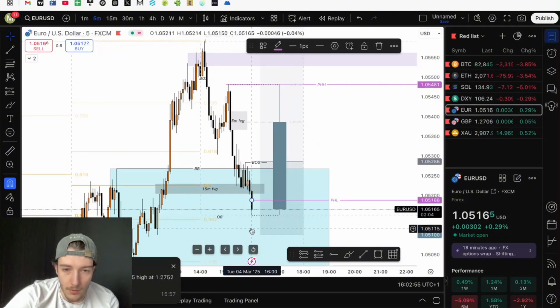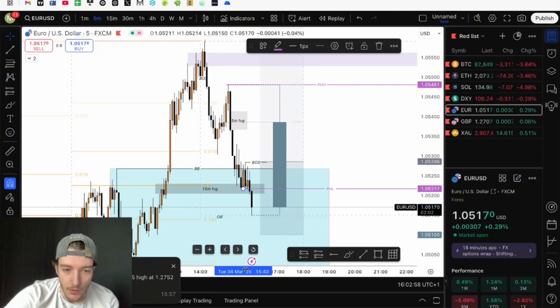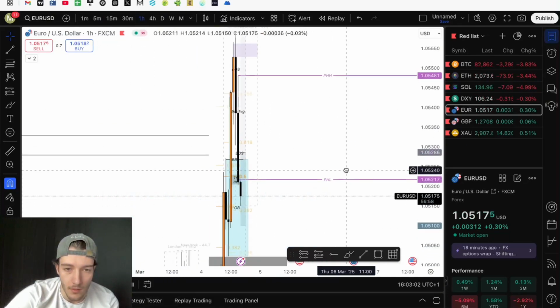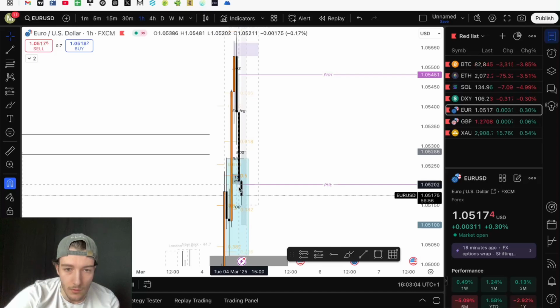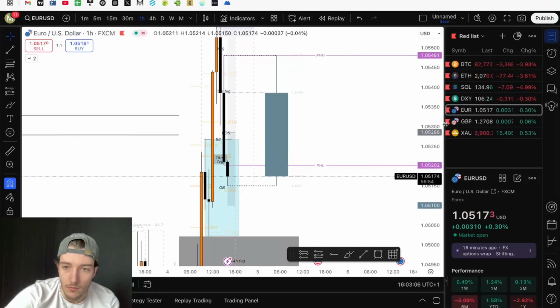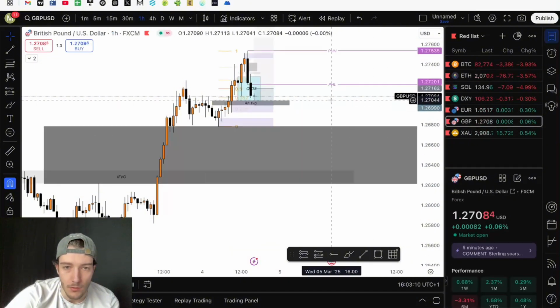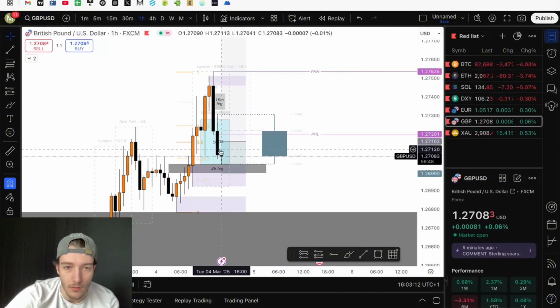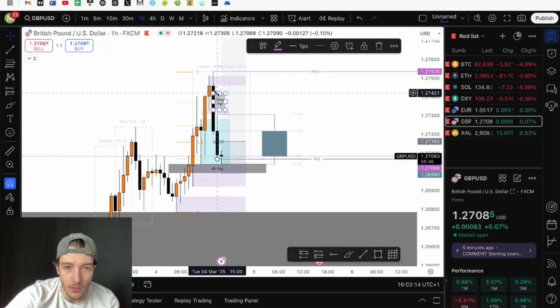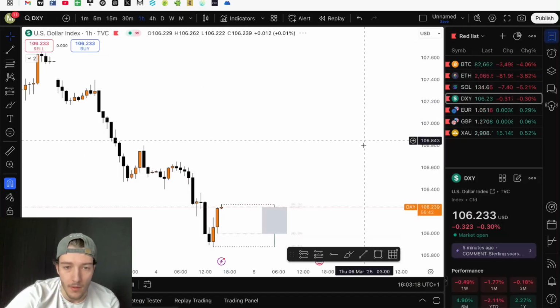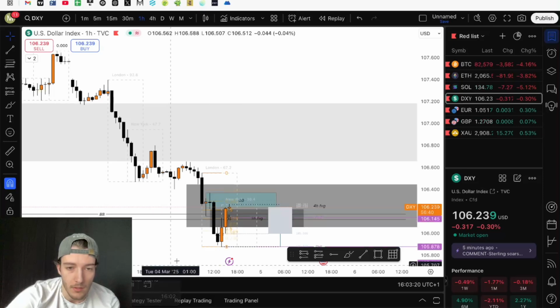So this is our previous low here on euro, I believe. Let's double check. No, it was here. Okay. And then GU, it was there. Down here. Okay. The dollar, please, please, please.